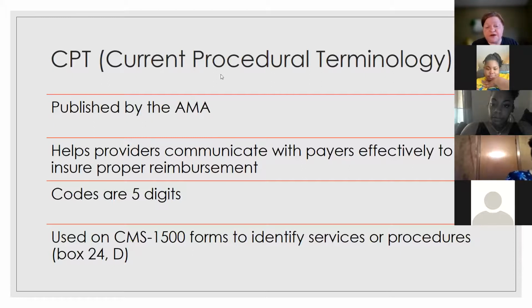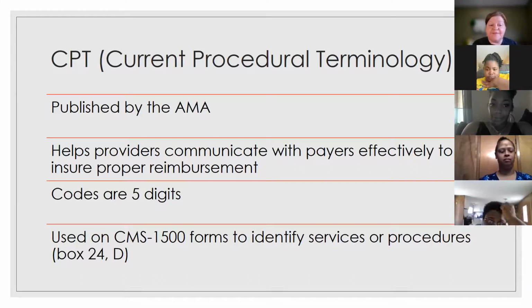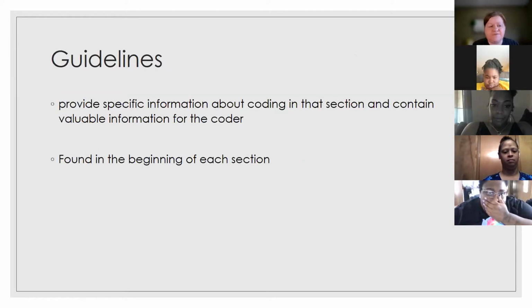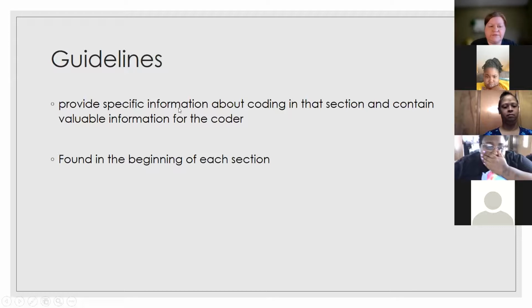Y'all know Zoom's gonna cut me off at 30 minutes. So let's see. All right. So we know that the CPT manual is published by the AMA. It helps us, the provider, communicate with the third-party payers. We know those codes are 5 digits, and we report those on the HCFA 1500 or CMS 1500, right?